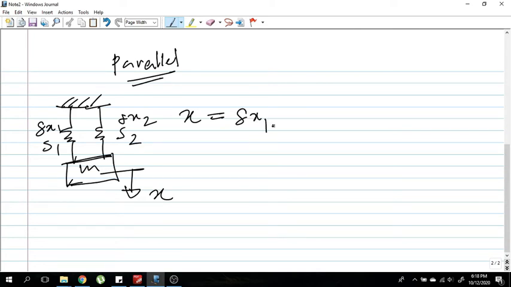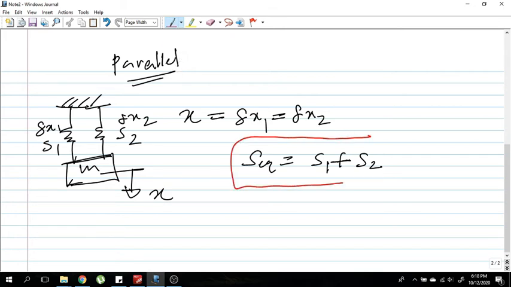So both the springs deflect by a distance x. In order to find the equivalent stiffness, you can simply add the two stiffness values. So here this is the equivalent stiffness value of this system.